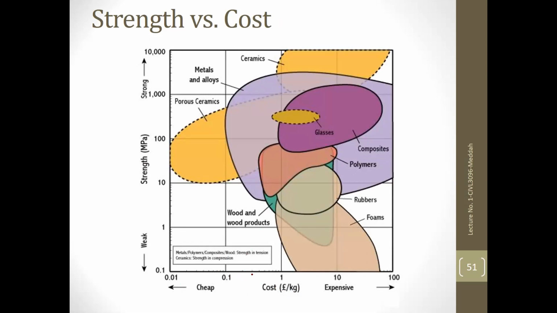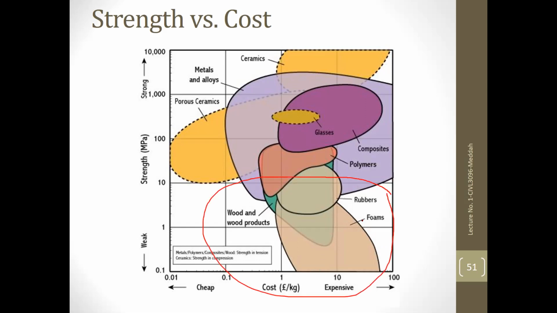Same thing: materials with low cost have low strength, of course. The more you increase the cost, the more strength increases. But this is not always the case; it depends on the category of materials. You can see here some polymers are expensive in this area.